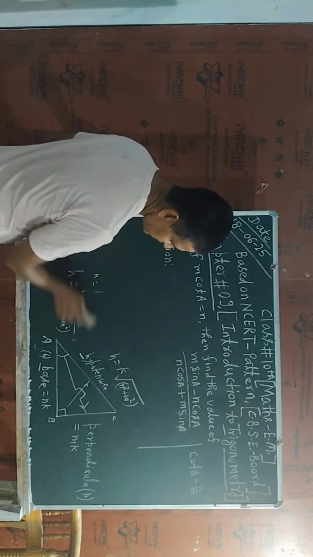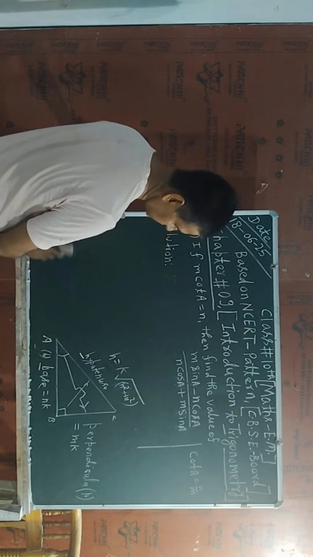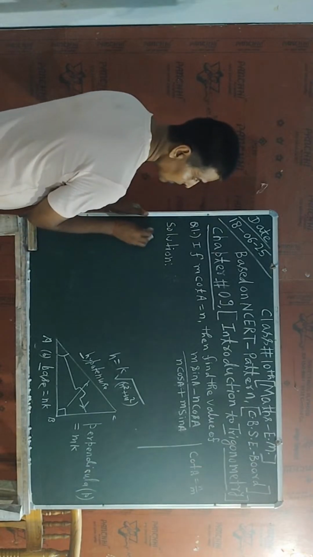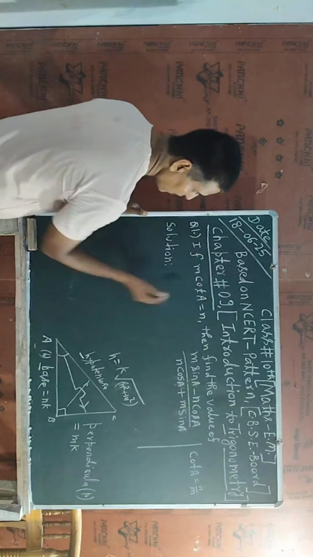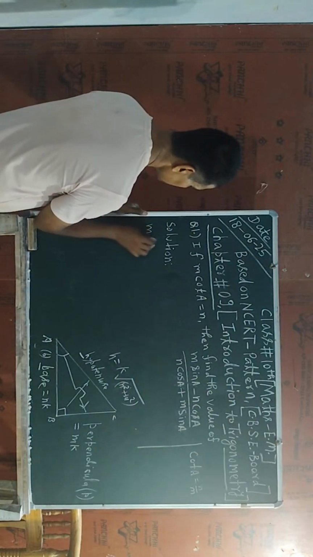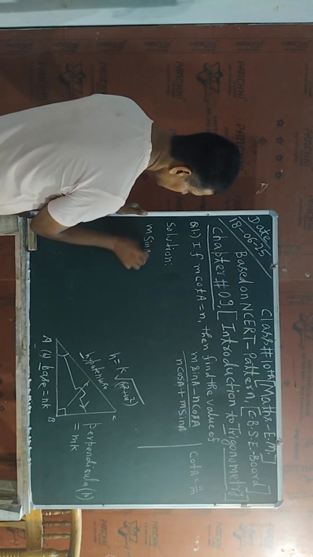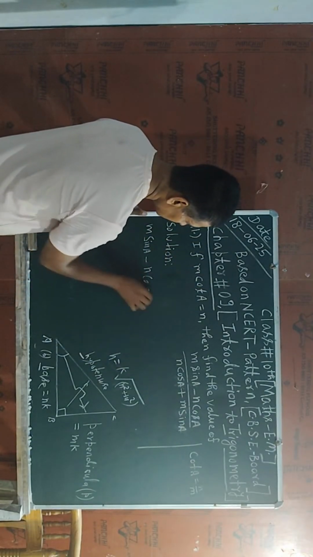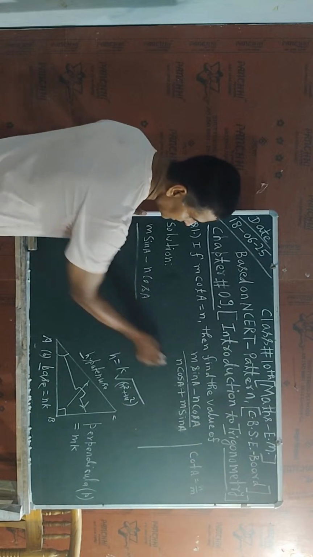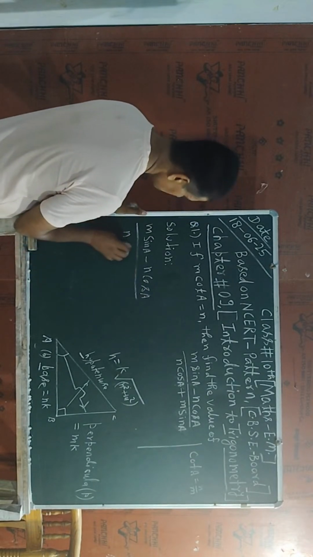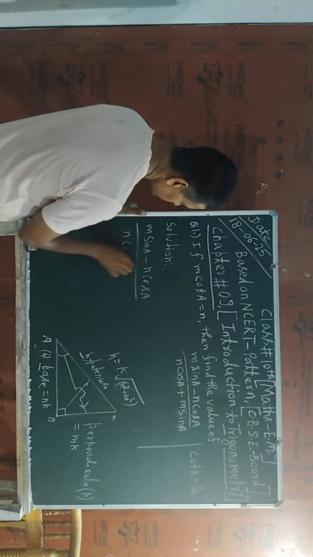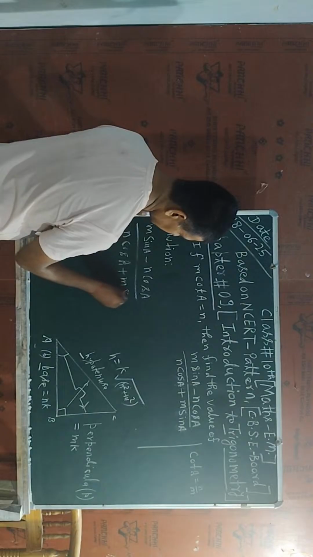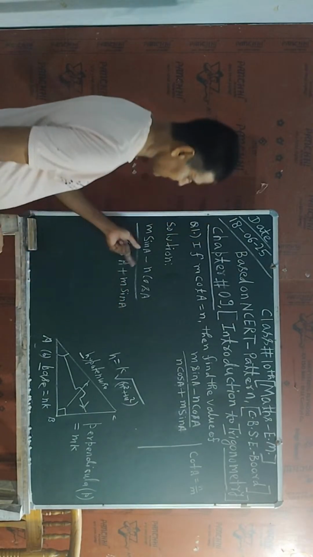I am going to erase these values for writing the expression which is asked in the question. Given that we have to find the value of M sin A minus N cos A, divided by N cos A plus M sin A. So all the information is written here.